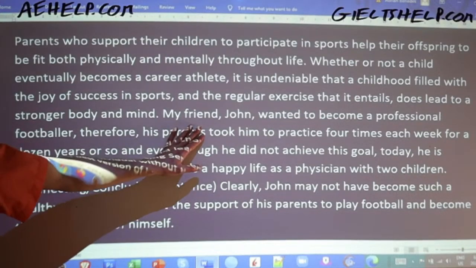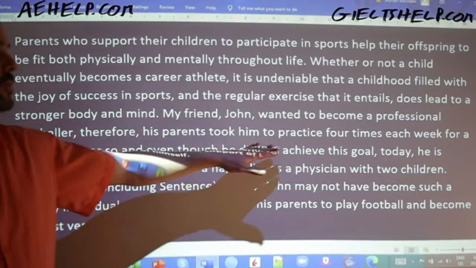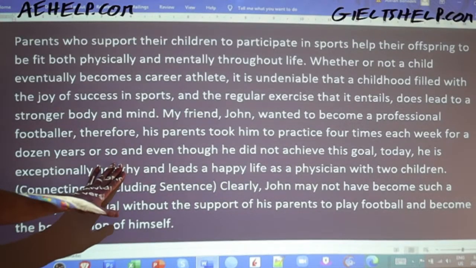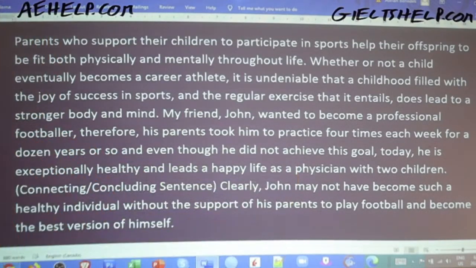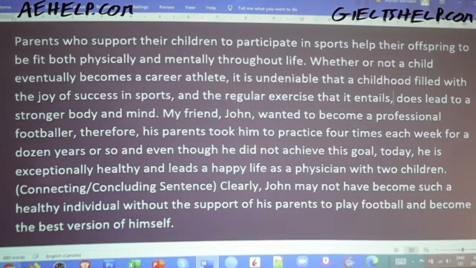My friend John wanted to become a professional footballer. Therefore, his parents took him to participate 4 times each week for a dozen years or so. And even though he did not achieve this goal, today he is exceptionally healthy and leads a happy life as a physician with 2 children.